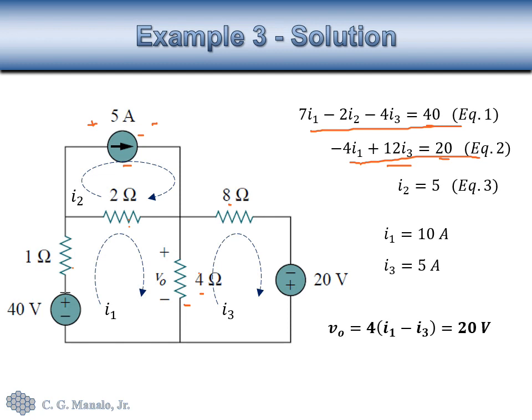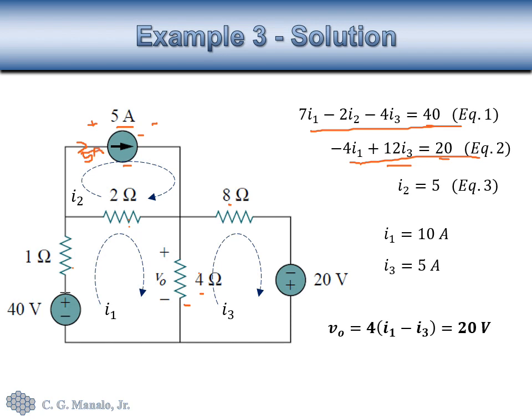But take note that because this is a current source and it is 5 amperes, it already gives us the answer. What is the actual current here? The actual current here is already 5 amperes.